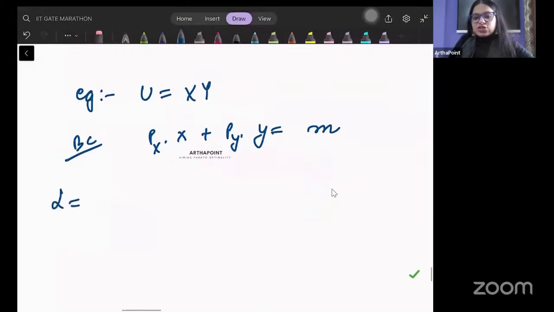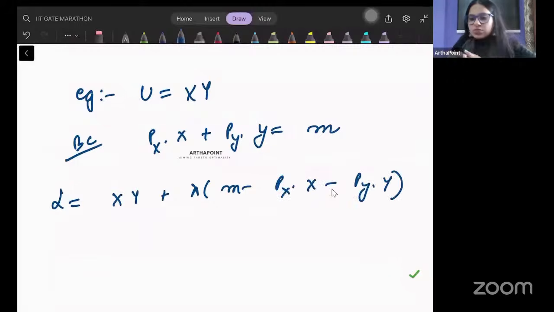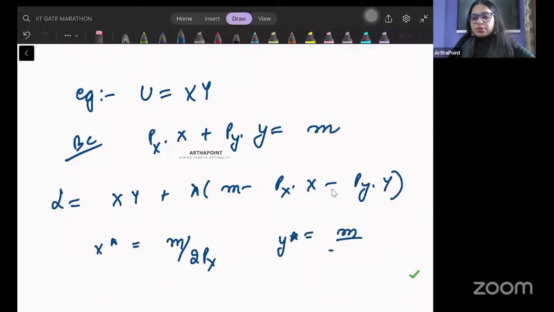And मैंने एक Lagrange form कर दिया xy plus lambda m minus px into x minus py into y. आपने इसको solve किया. All that is not required. हमें पता है कि इससे जो solution आएगा, we will get x star equal to m by 2 px and y star का value आ जाएगा m by 2 py. Just remember this. There is no time to solve this in exam.